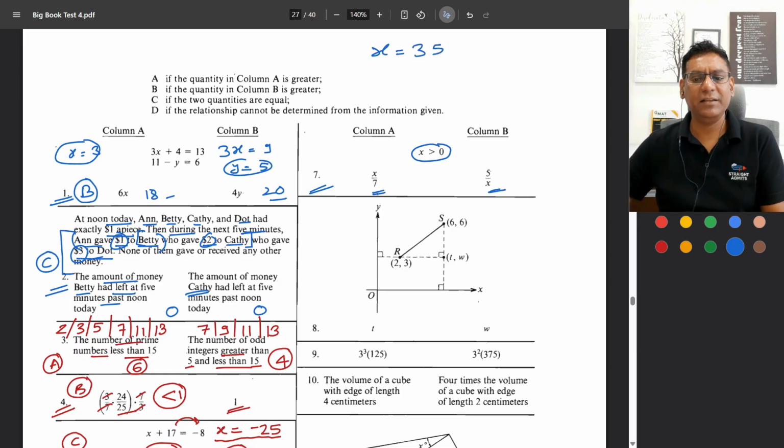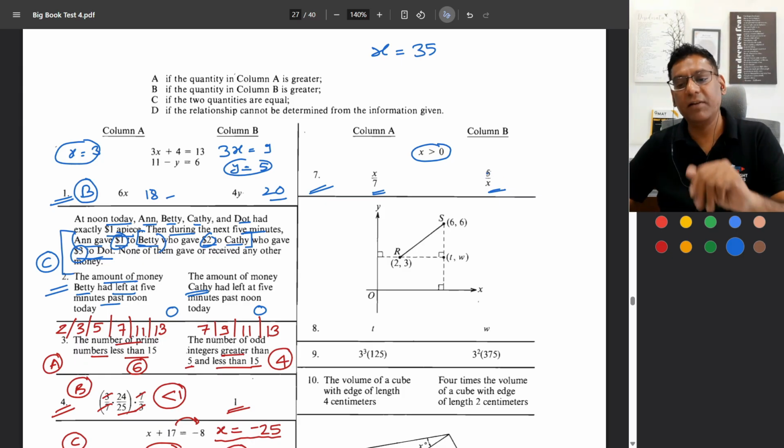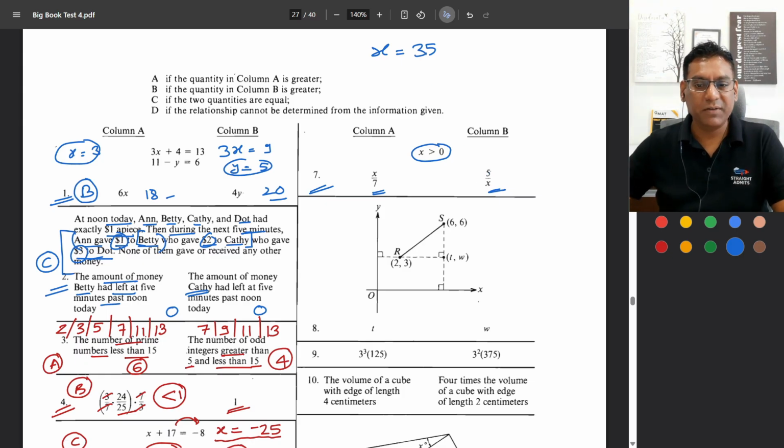Why am I taking 35? Because then I can divide by 7. Actually, I don't have to take 35. Earlier I thought I have to divide both by 7 and 5, but it's not divided by 5, it is 5 divided by x. So 35 is going to be an unnecessarily big number. Let's take a simple number.